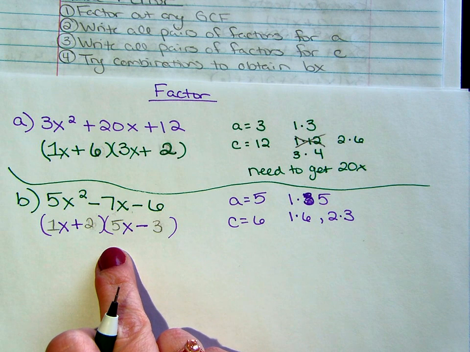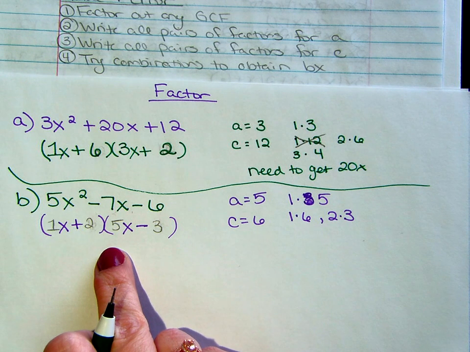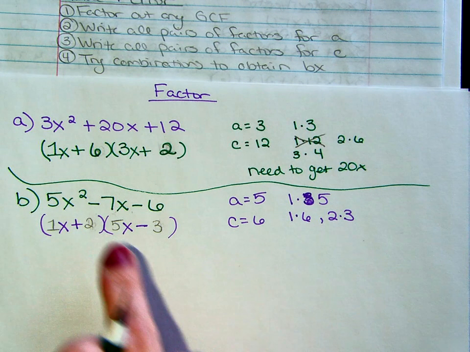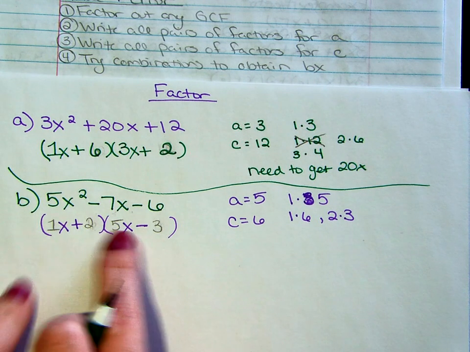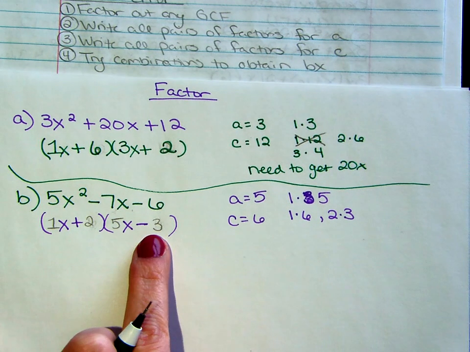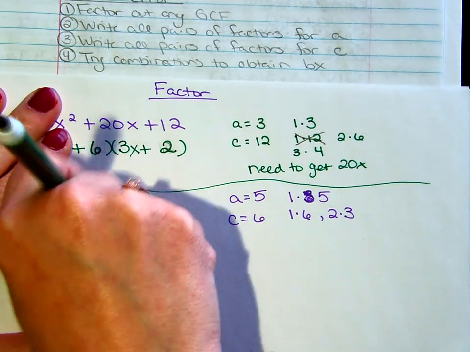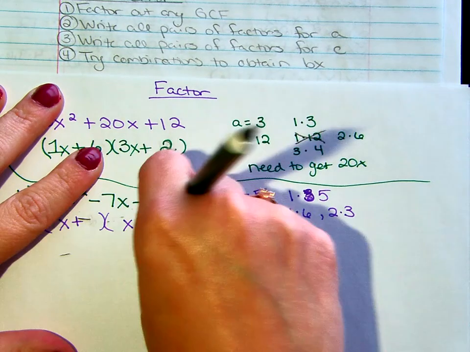So what do I need to do? Yeah, I can switch those signs out, can't I? Since I already wrote the signs in pen, though, that means I need to switch. Like I need to put 5x plus 3 and x minus 2. I need the 5 to go with the 3 and the x to go with the 2.